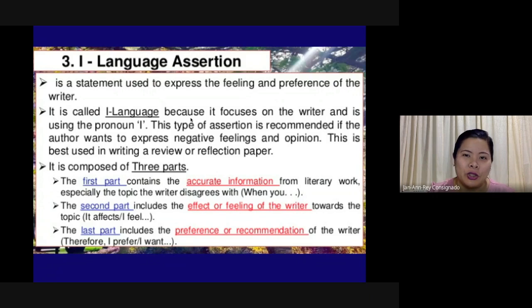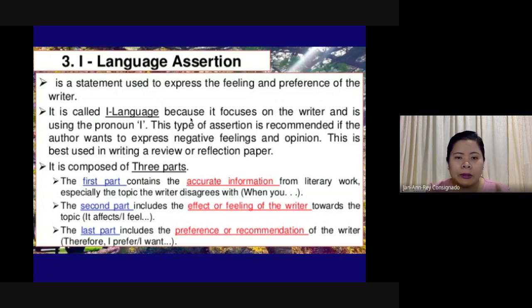I language assertion is composed of three parts. The first part contains the accurate information from the literary work, especially the topic the writer disagrees with. Next is the second part.